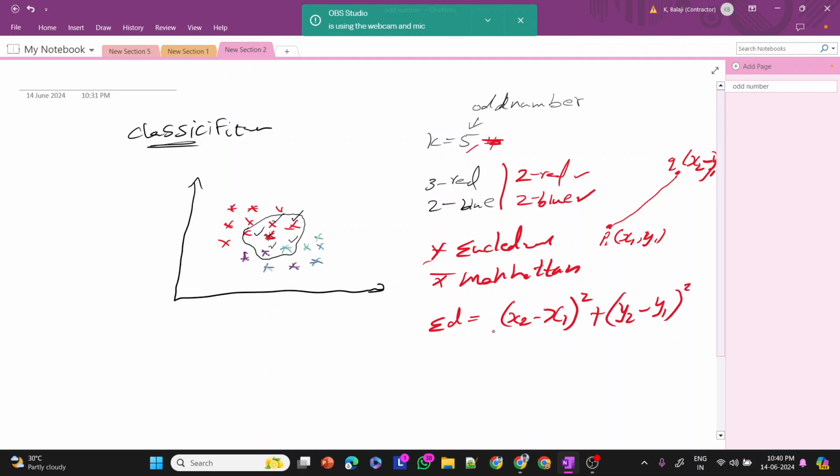This is the Euclidean distance formula to find the distance between 2 points, and there is another distance formula. By using Manhattan also we can find a distance between 2 points, but the distance is not a direct path. First it will make a triangle.